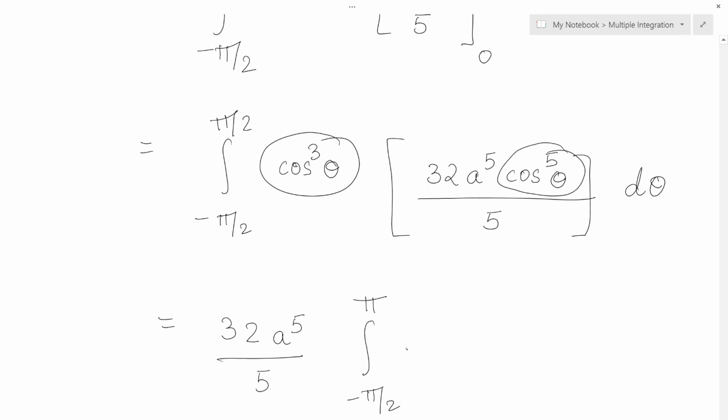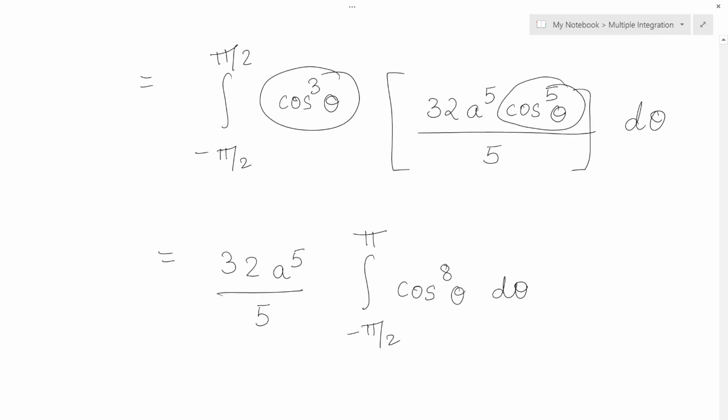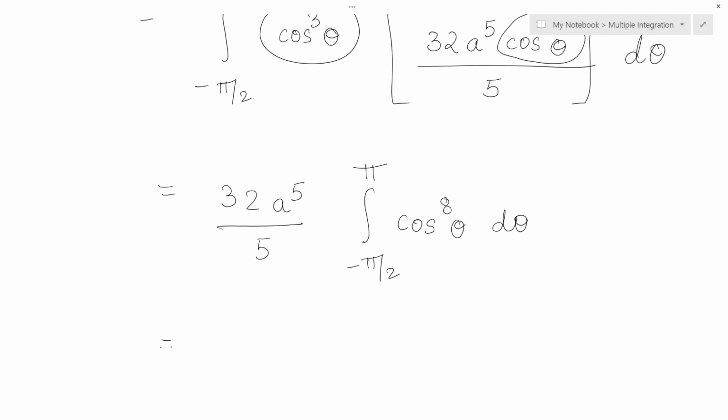So by laws of indices it will become cos raised to 8 theta d theta. Since this is an even function, by definite property of integral, minus pi by 2 to pi by 2 can be written as 2 into 0 to pi by 2.